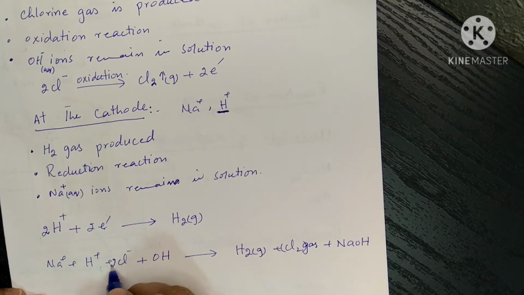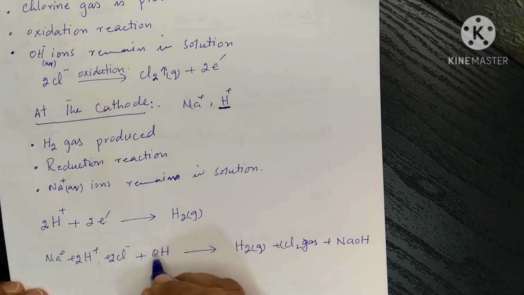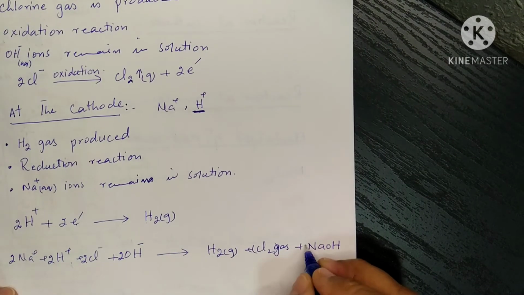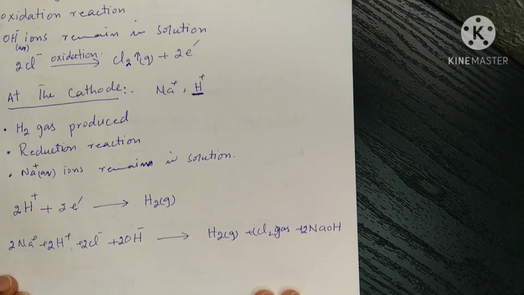Here we need 2 chloride, here will be 2 hydrogen and 2 water, then 2 hydroxide ions, 2 sodium. There will be 2 sodium hydroxide.